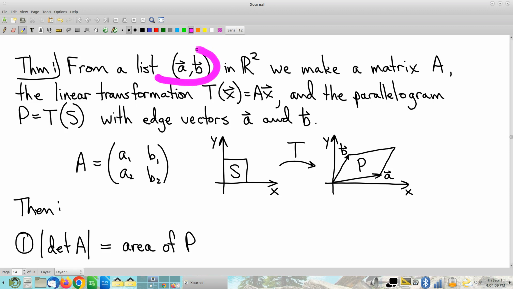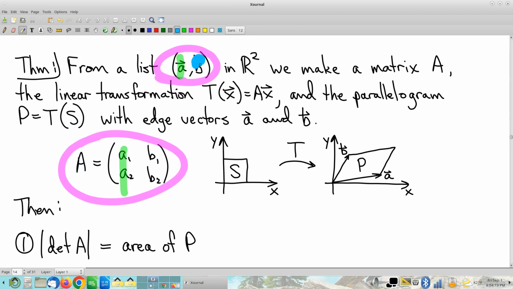If you have a list of vectors in R2, 2 vectors in R2, you can make a matrix out of that list. All you have to do is take the first vector, make it the first column, and the second vector, make it the second column. Boom, list makes matrix. If you have a matrix, you can make a linear transformation. If you have a linear transformation, you can talk about what that linear transformation does to the first standard basis vector.